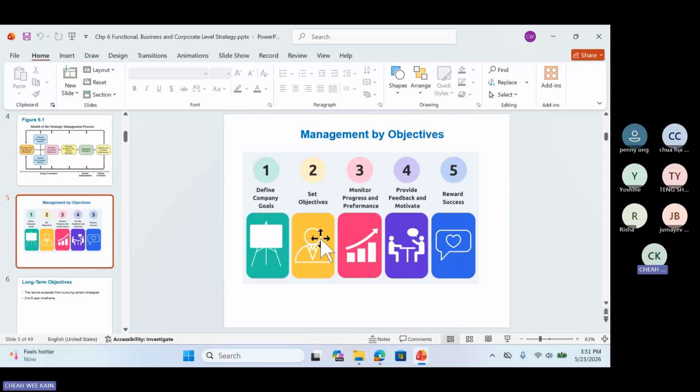Okay, so now let's say you already got the corporate strategy. Then you set the objective for every one of the functional departments. Now, if your antenna is not good, your internal evaluation is not done correctly because you don't understand the strengths and weaknesses of your internal company, right? Then your corporate strategy is not so good. And because the corporate strategy is not so good, setting objectives by functional level is not so good.